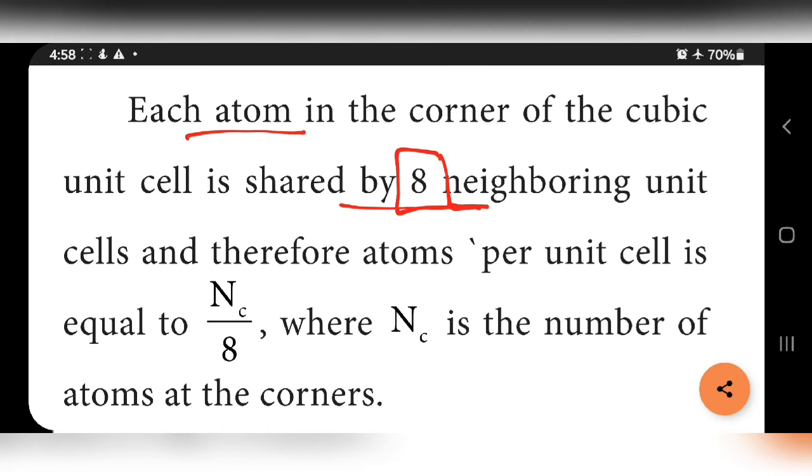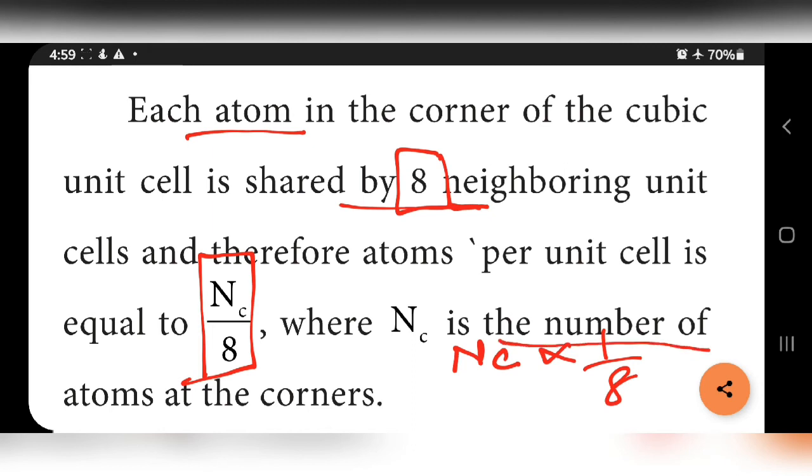Therefore, atoms per unit cell is equal to Nc by 8. The total number of atoms present in one unit cell can be calculated using the formula Nc by 8. Nc means number of atoms at the corner. Totally how many atoms are present at the corner? 8 atoms.